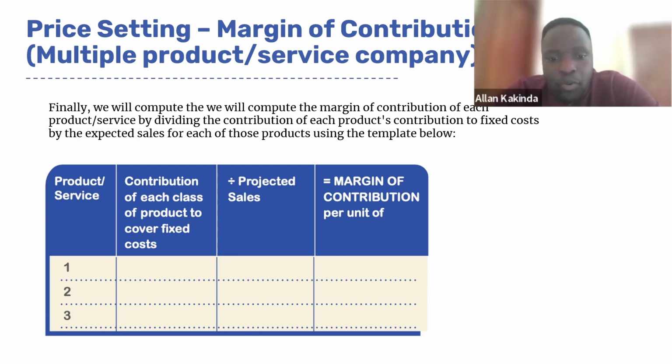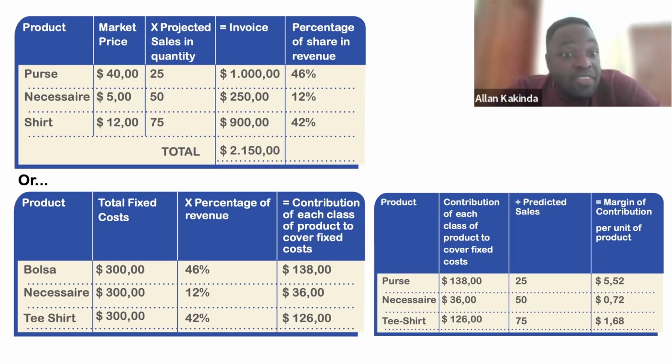Let's look at an example. So let's say we have these 3 products. We have a pass, a necklace, and a shirt. And the market price, the pass is $40. The market price for a necklace is $5. And the market price for a shirt is $12.